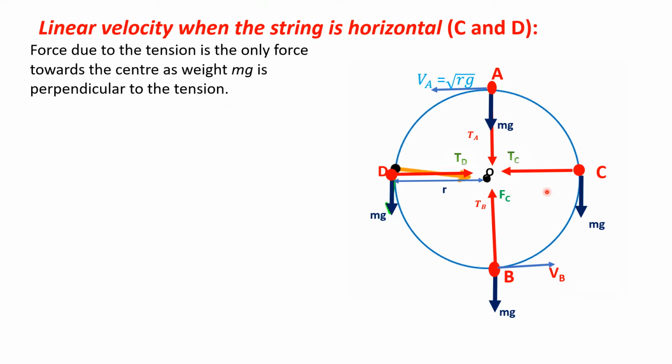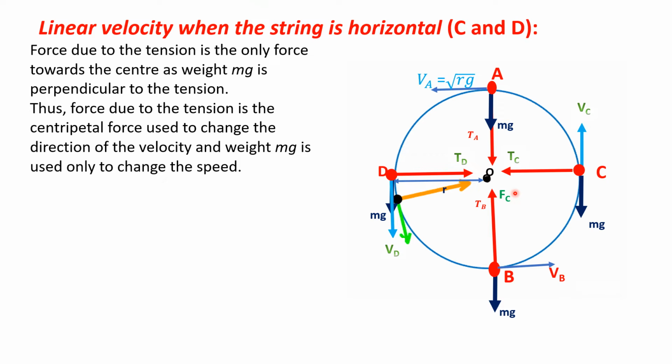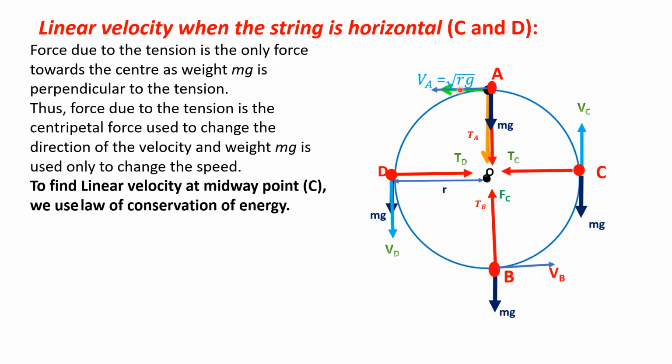Here, points C and D are arbitrary points, and the tension force always balances the centripetal force, and this force is used to change the direction of the velocity, while the weight mg is used to change the speed of this circular motion.